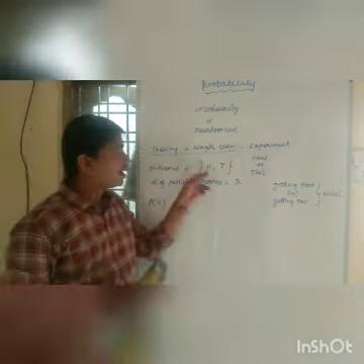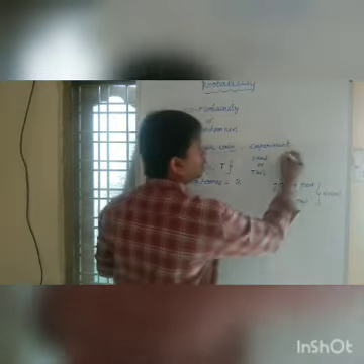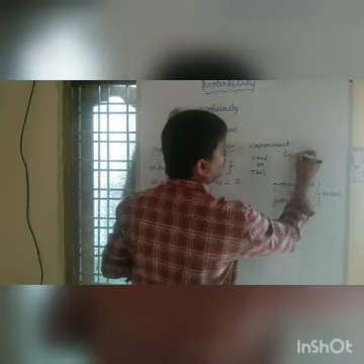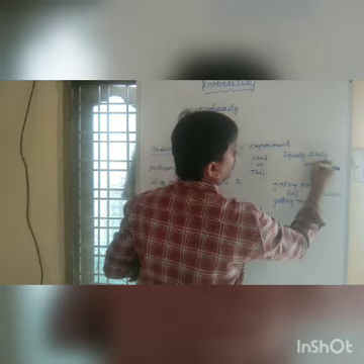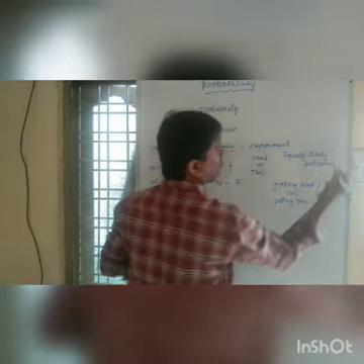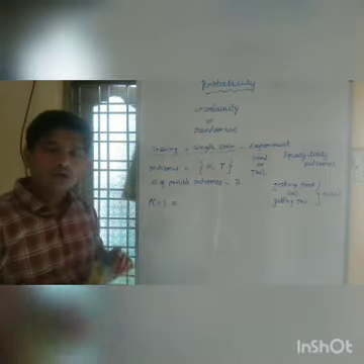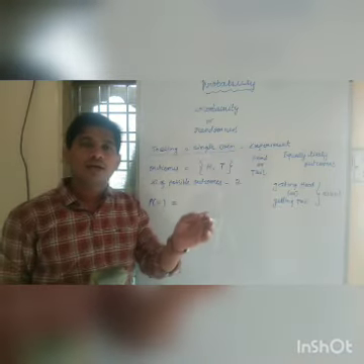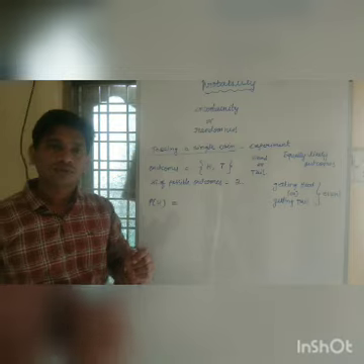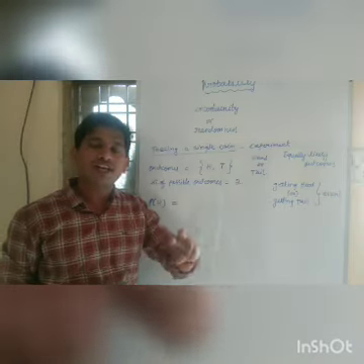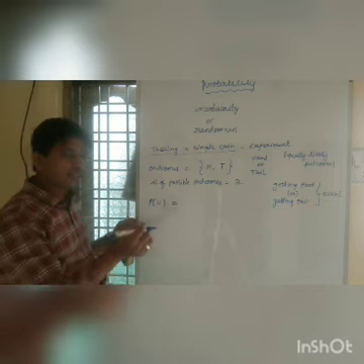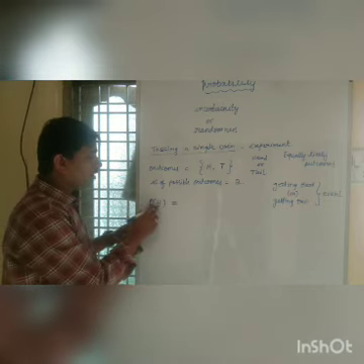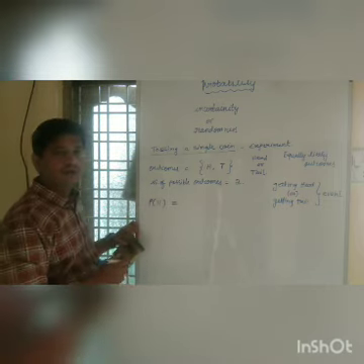So which is an equally likely outcome? Equally likely outcomes. Okay, when you toss a coin, either you may get head, either you may get tail. Both are equally likely outcomes. Suppose if you toss a single coin, what is the probability of getting head?